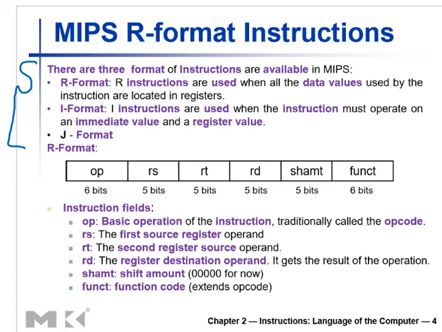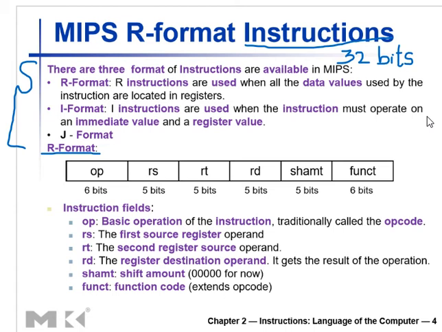So we will start with the R format. This is the R format instruction. You have to remember one thing: in MIPS each instruction is going to take 32 bits. When you represent an instruction, it will take 32 bits, and each bit is a binary bit, 0 or 1.